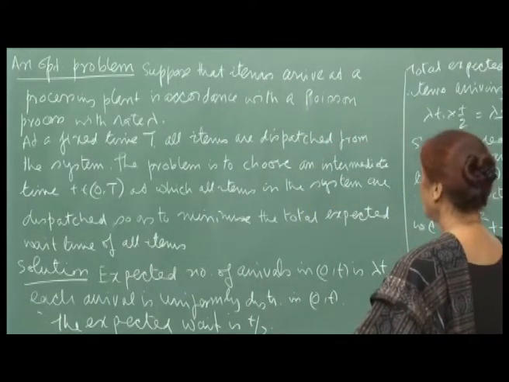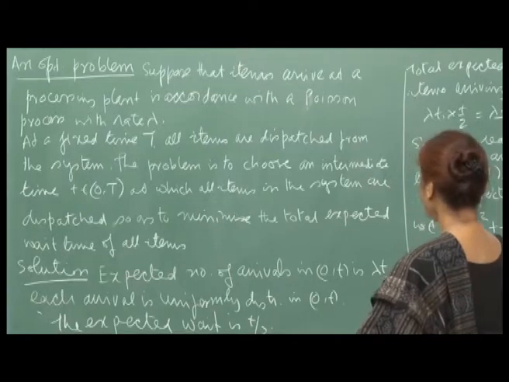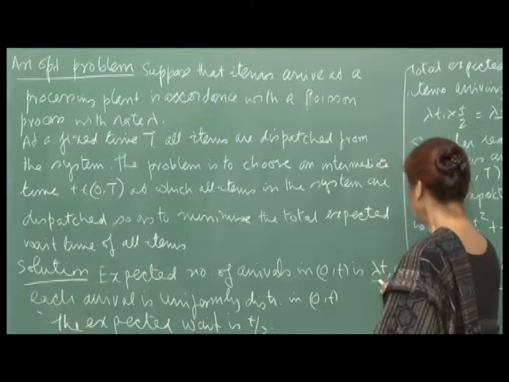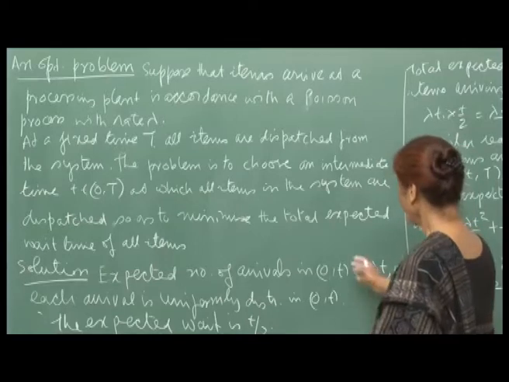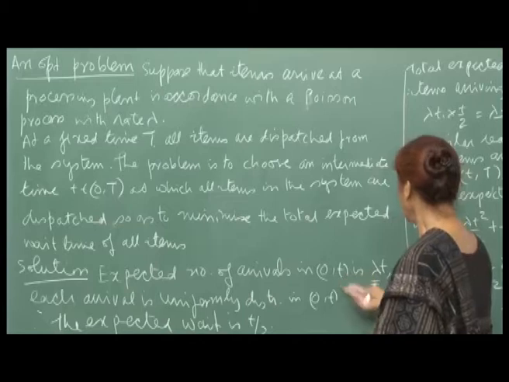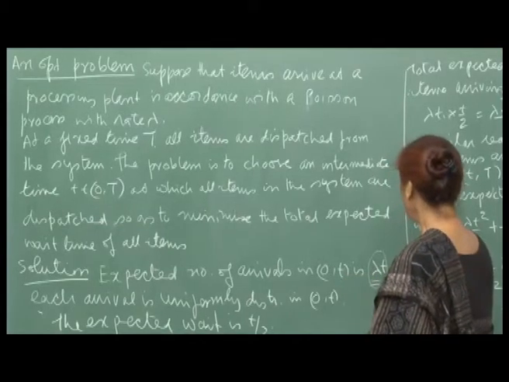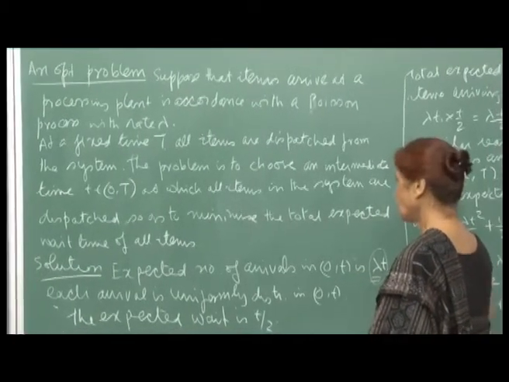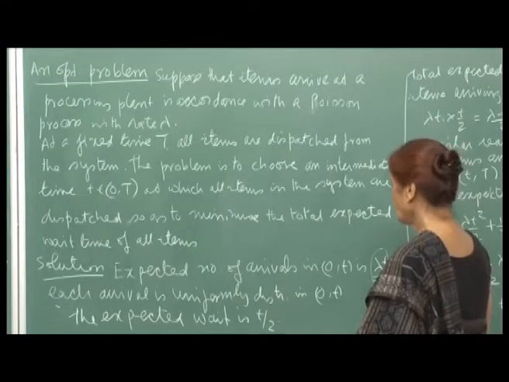So, the expected number of arrivals in (0, t) is lambda t, remember, because this is Poisson with parameter lambda. And each arrival is uniformly distributed.